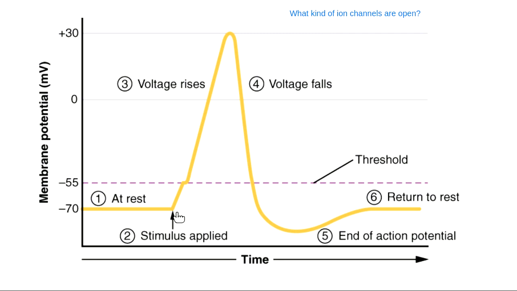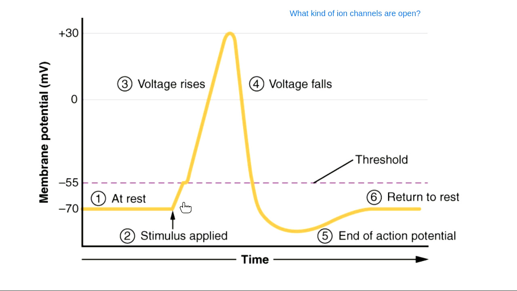At this part on my graph right here, the neuron received a stimulus, it got a message, and that message was a chemical. So the type of channels that are open right here are my chemically gated sodium channels, because I use a chemical to open the gate right here.